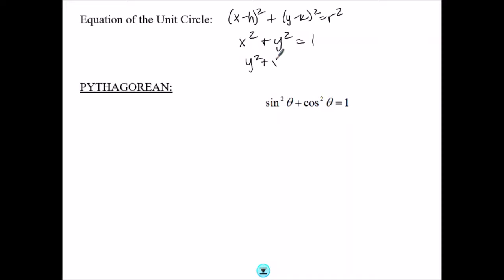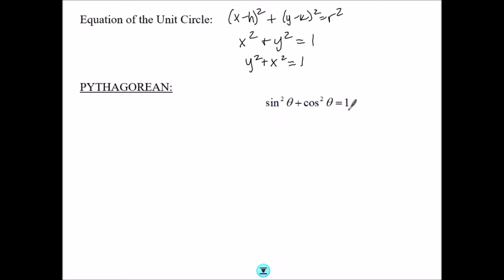And we can switch the x and y around so that we can see how this relates to our first Pythagorean identity. We have said that sine of theta is equal to y and cosine of theta is equal to x. So we have our first Pythagorean identity. Sine squared theta plus cosine squared theta equals 1.